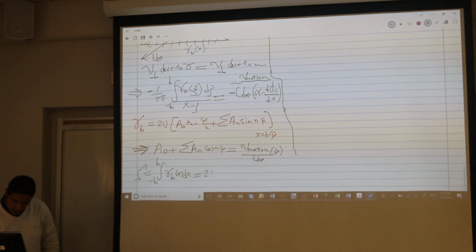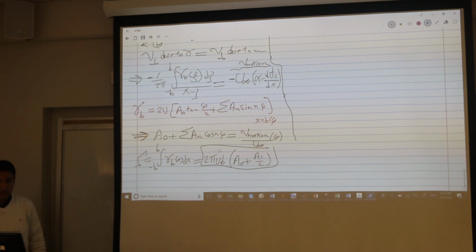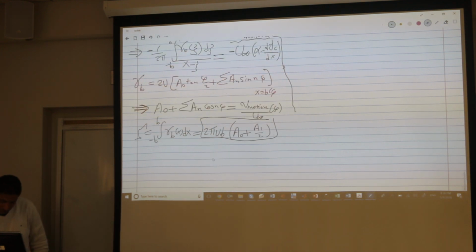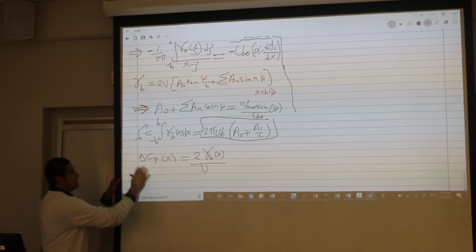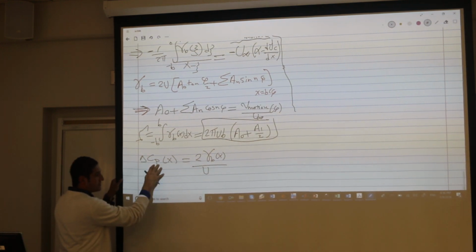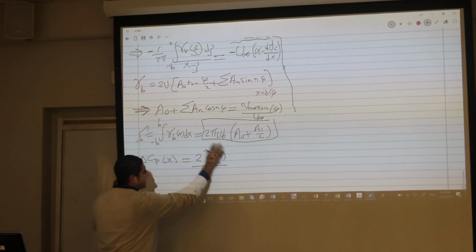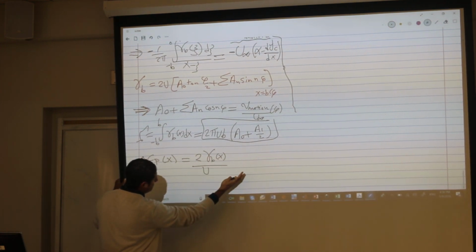And once you did that, your gamma, which is the integral of little gamma, turns out to be 2 pi U b times A0 plus A1 over 2. For a rigid airfoil, it's the 3/4 chord. More importantly, the CP, the pressure distribution at any x, is 2 gamma divided by U. So if you integrate this to get the lift, it's as if you're integrating this to get gamma.